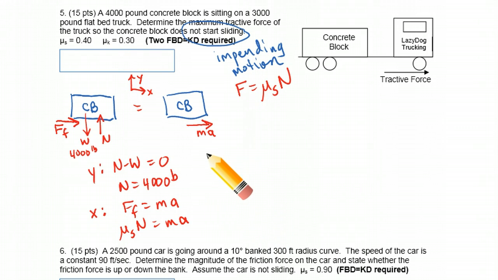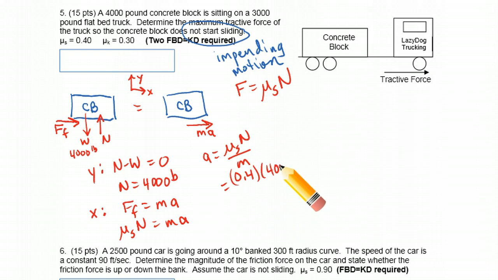And we'll go ahead and solve for a to be mu sub s N over m, which is 0.4 times 4,000 over mass, 4,000 divided by 32.2.